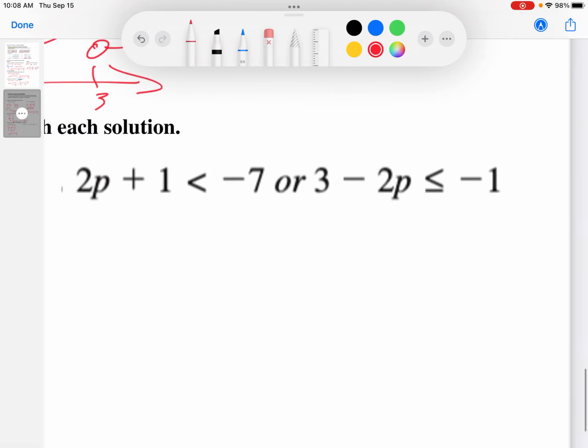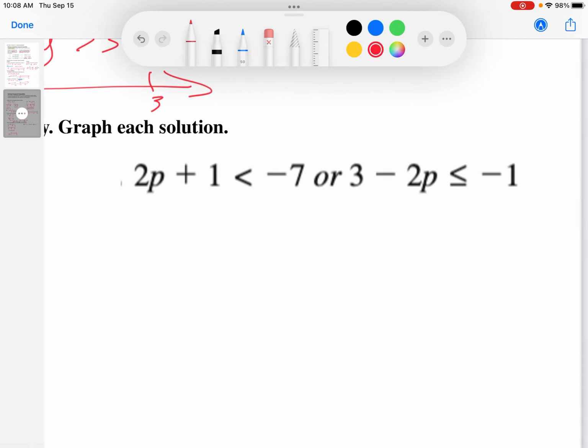All right, the last thing I want to do here is talk about some special case problems. So right above this, I want you to write special cases. And we're actually going to change this problem to make it more like some of the homework problems you might see today.